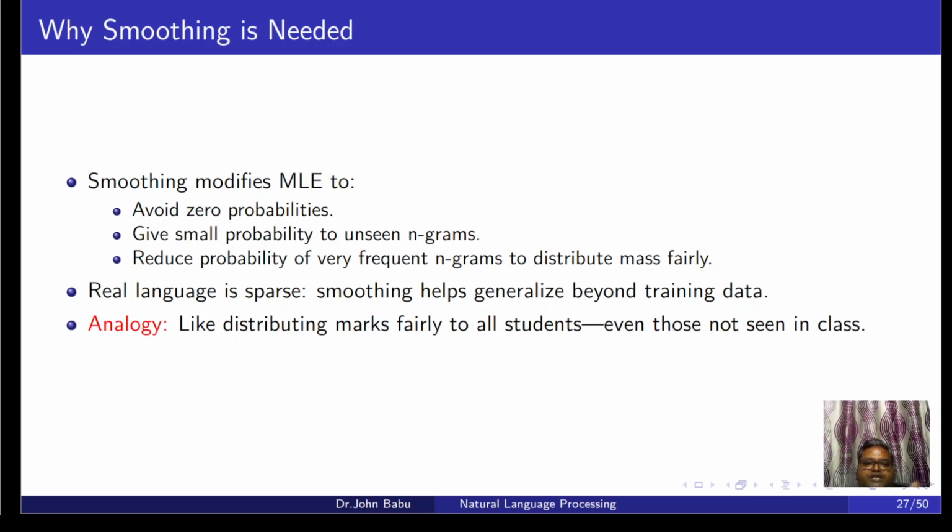It has to be normalized. Smoothing helps us generalize beyond the training data, because our training data may be biased. Things which are not occurring should not be given 0 but should be given some value. Those which are very frequently occurring should be normalized.